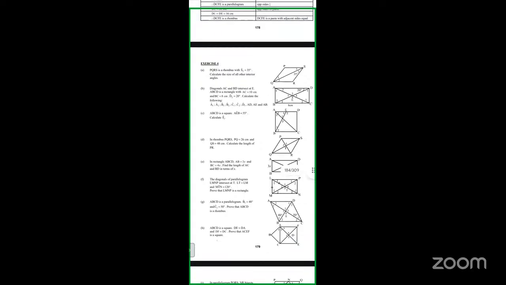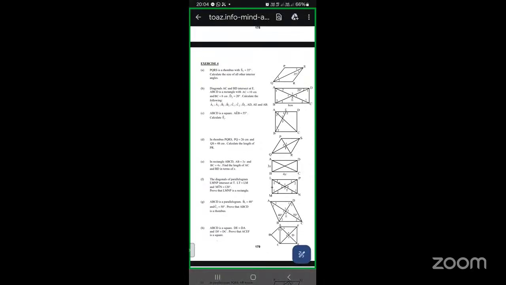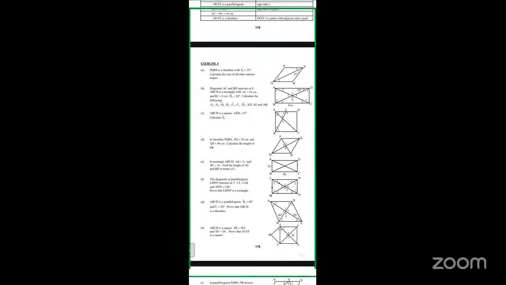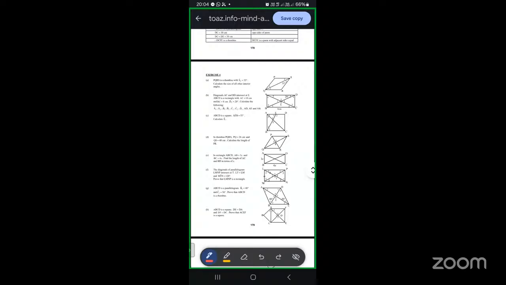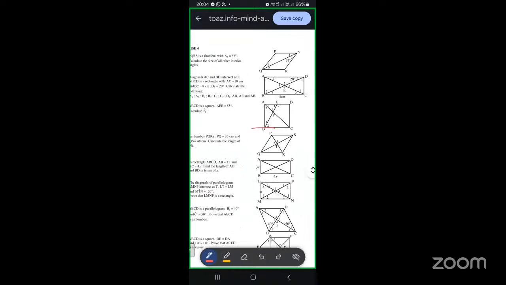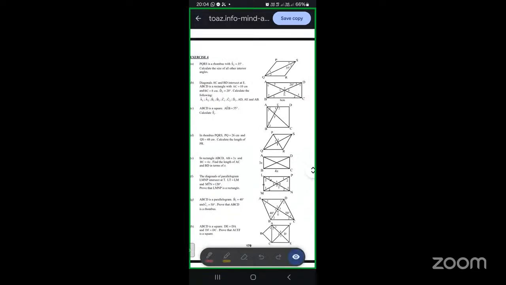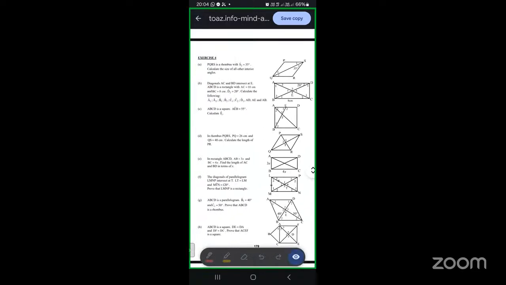So I tried to look at it. This is how I concluded that you guys can approach it. Let me zoom out a bit. The statement says diagonals AC and BD intersect at E of this quadrilateral.